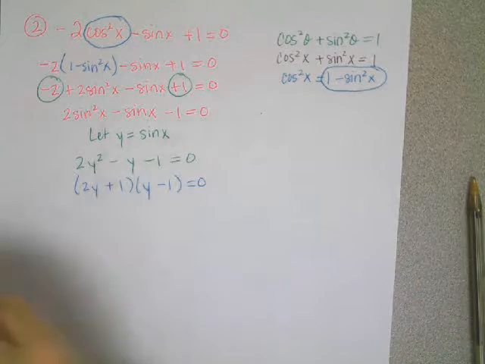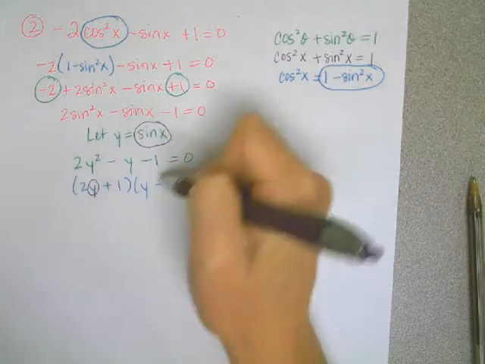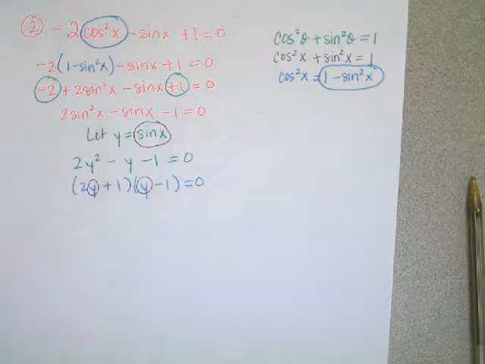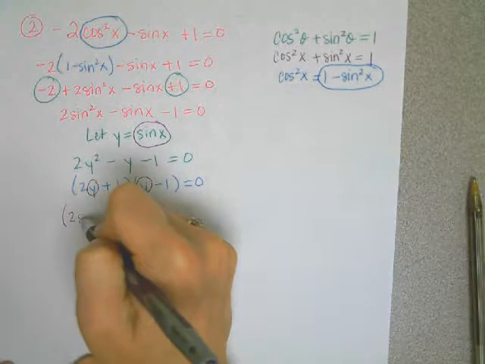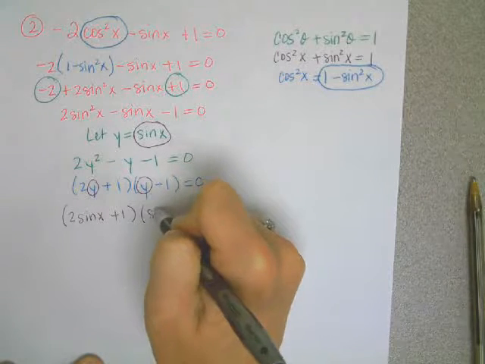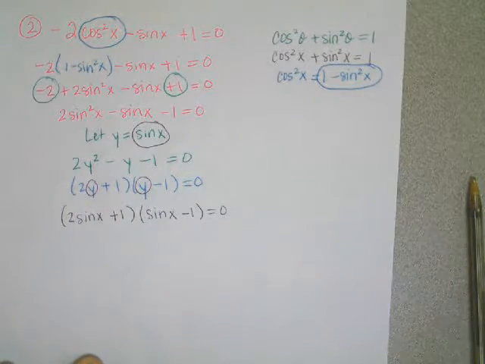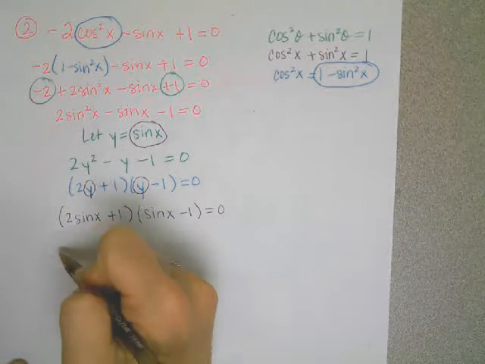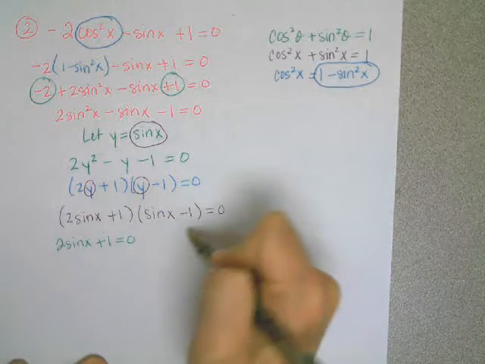I'm going to take sine of x and I'm going to put it back in. This is just kind of weird. So I'm only giving you one really difficult problem here. When I return, we'll do some more. I'm going to put 2 sine of x plus 1, and then sine of x minus 1. Just like before, that zero product property, I'm going to let each one of these equal 0.